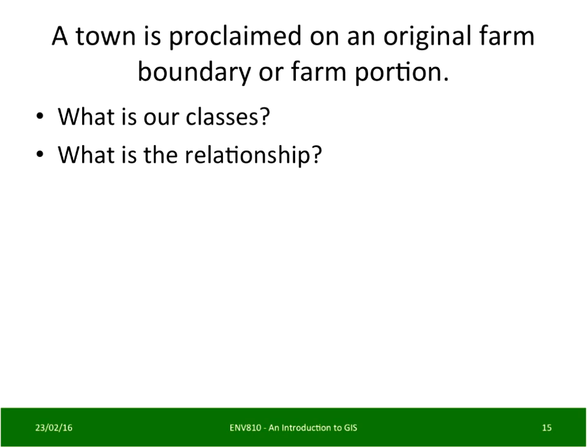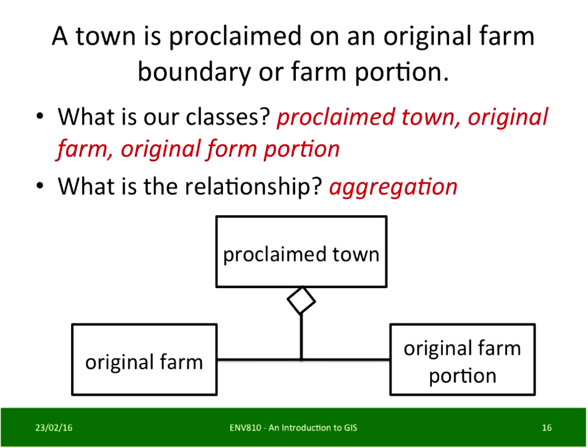Okay, so we are at a town is proclaimed on an original farm boundary or farm portion. So what is our clauses? A proclaimed town, a farm, or a farm portion. For this one, I actually created two new clauses. We already had a farm and a farm portion, but that farm and farm portion refer to the current situation. So what is the current structure? What is the farm?